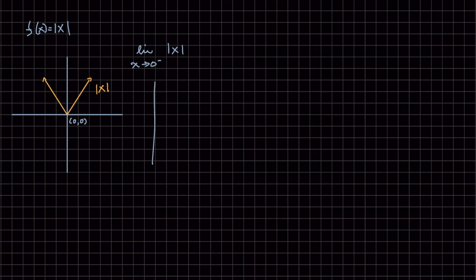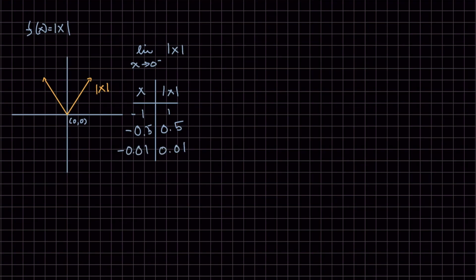Let's create a little chart here. We have our x value and we have our absolute value of x here. If we do -1, we're going to get 1. If we do -0.5, we're going to get 0.5. And if we do -0.01, we're going to get 0.01.